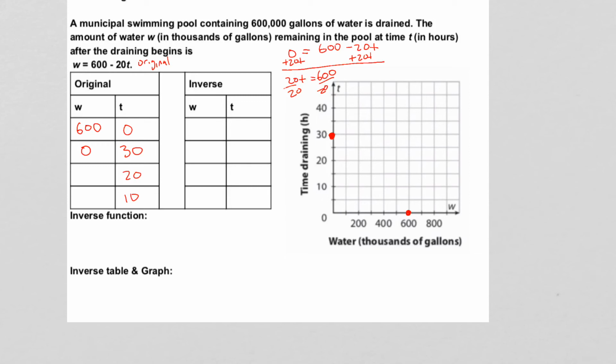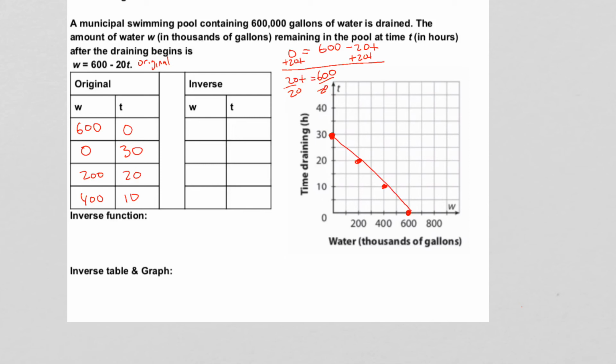So you're just going to plug in for t. 20 times 20 is 400. 600 minus 400 would be 200. So at 20 hours, it should be here. And 20 times 10 is 200. 600 minus 200 is 400. So at 10 hours, it should be here. And there you go. There's your graph.